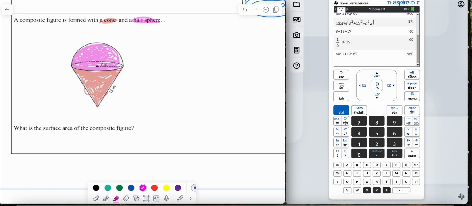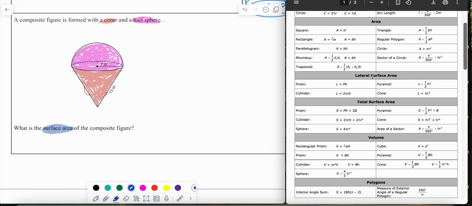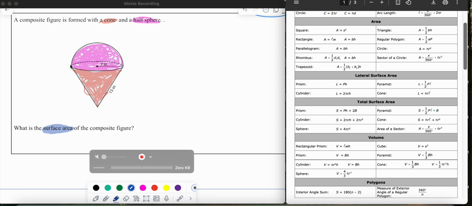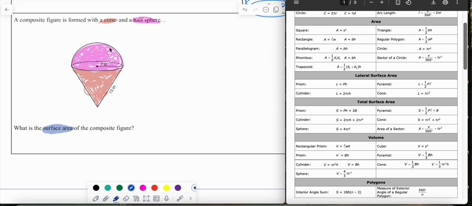All right. The question is asking, what is the surface area? Notice on our formula sheet, you see surface area here, surface area here. So we need to decide, should we use the lateral surface area alone, or the total surface area alone, or both? It depends on the composite figure. For the sphere, you should know that a sphere doesn't have any base.